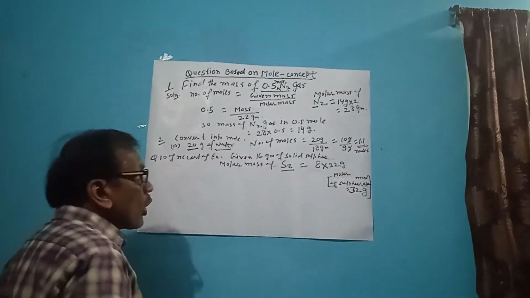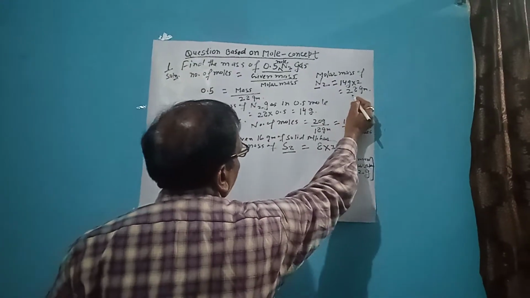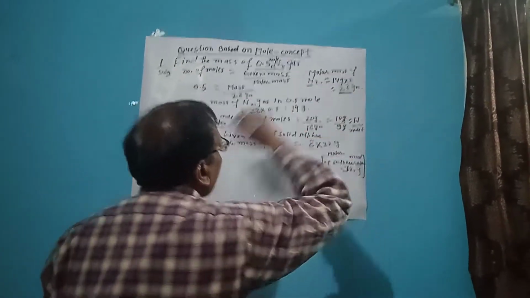So for N2 gas, the molar mass is 28 gram.